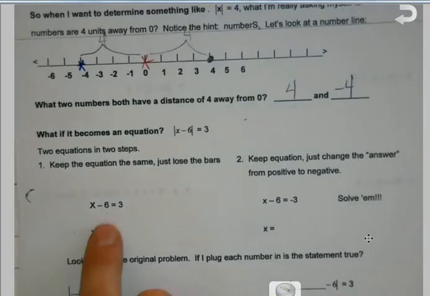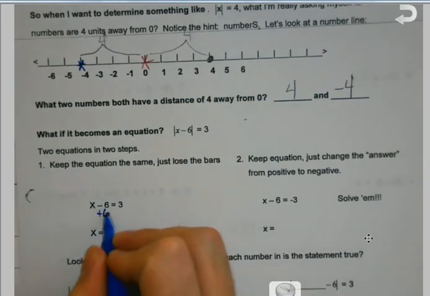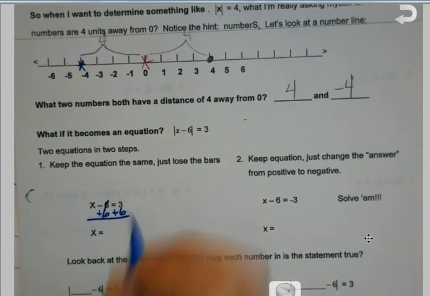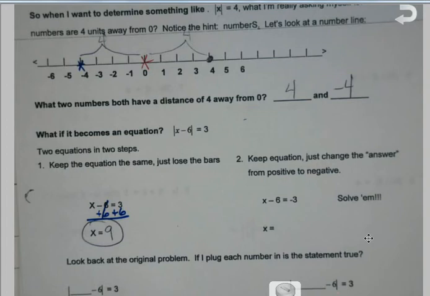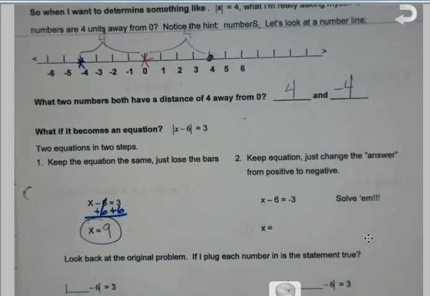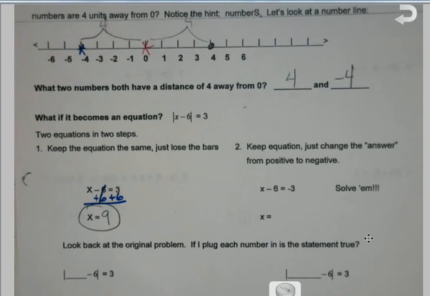What's my one step to solve x minus 6 equals 3? We're going to plus the 6, and 3 plus 6 is 9. I got one of my answers. And again, we'll talk about checking in a minute, I can even check these to make sure I got the answer right.